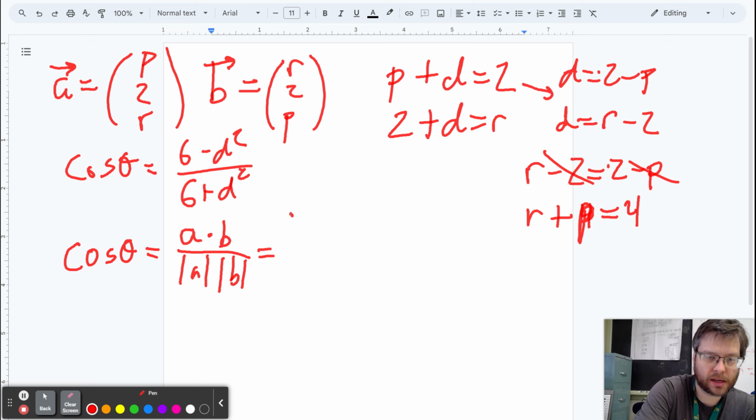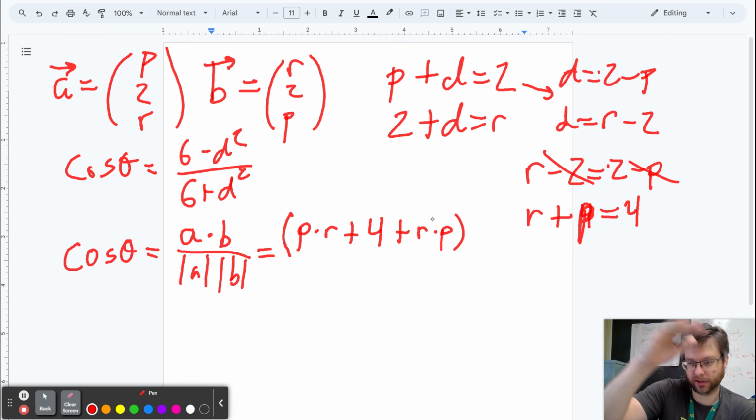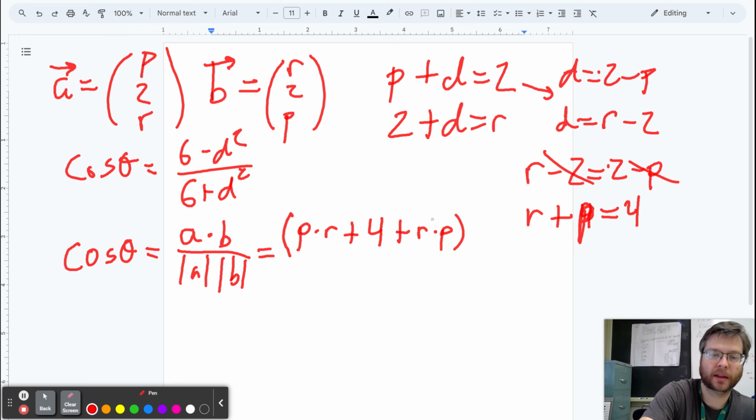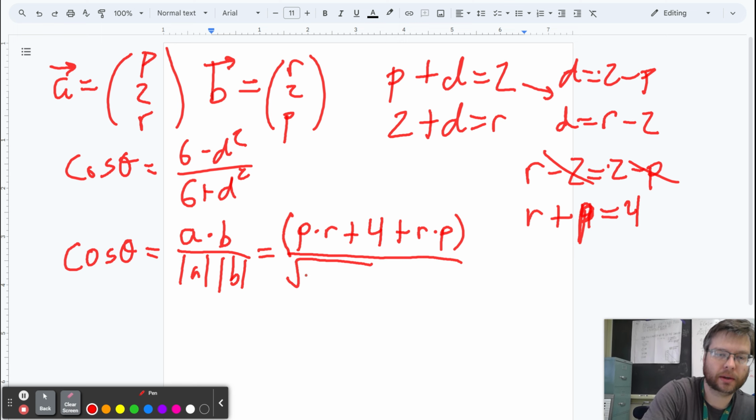A dot B is just P times R plus 2 times 2 plus R times P. So I'm just doing X times X, Y times Y, Z times Z. And on the bottom, magnitude A is the square root of P squared plus 2 squared plus R squared.